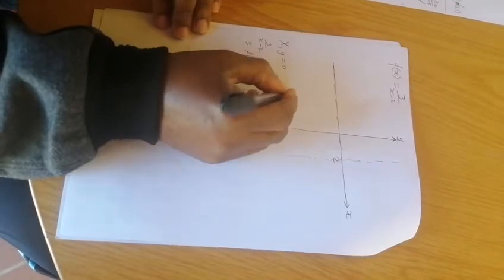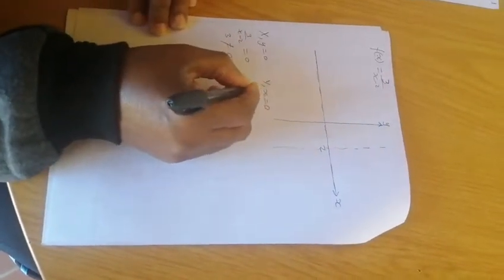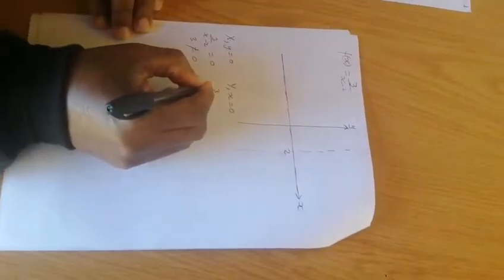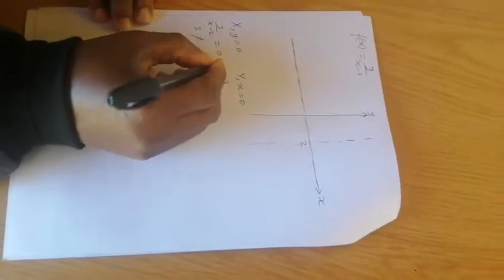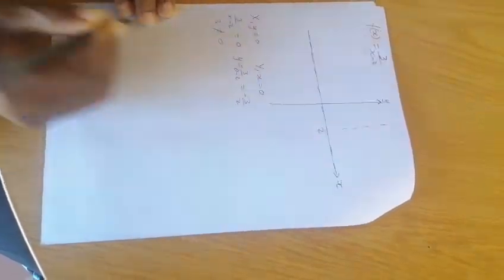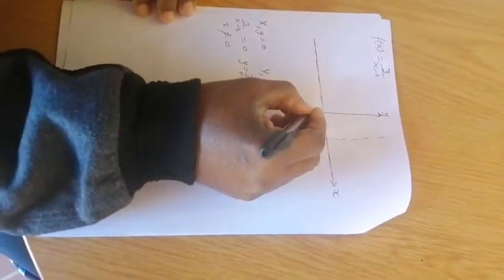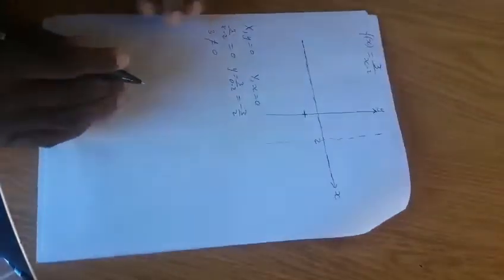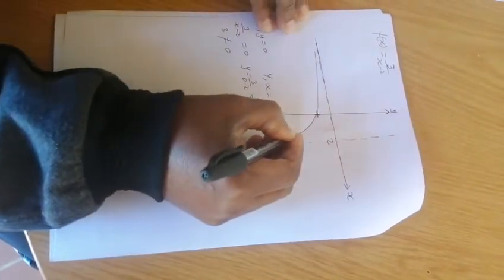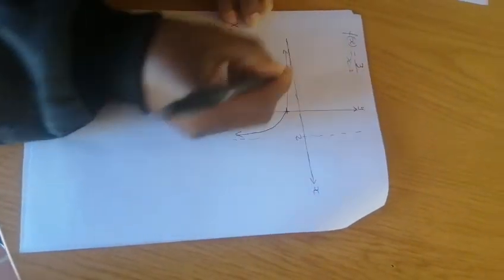Then the y-intercept, our x is equal to 0. So we shall have y equal to 3 over 0 minus 2. So our y is minus 3 over 2, which is minus 1.5. So it's right here. Our graph approaches the asymptote, cuts the y-axis, and approaches the other asymptote, and it will never cut the asymptote.